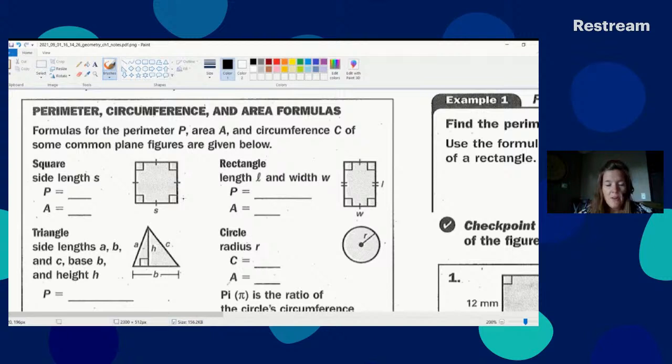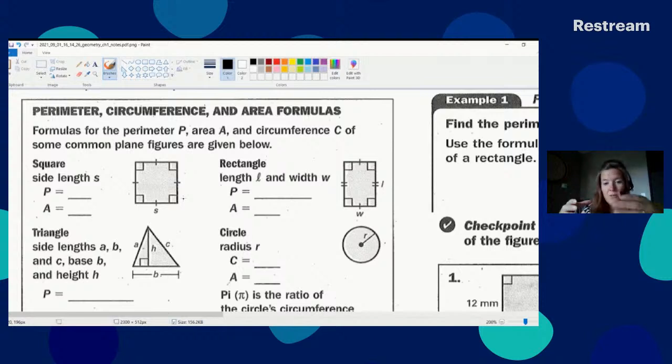And then we also have area, and area in a two-dimensional shape is how much it would take to cover the surface area of a particular shape. So your fence would be the perimeter, and then if you wanted to cover the yard with grass seed, that would be the area of your yard. Same with your cake.